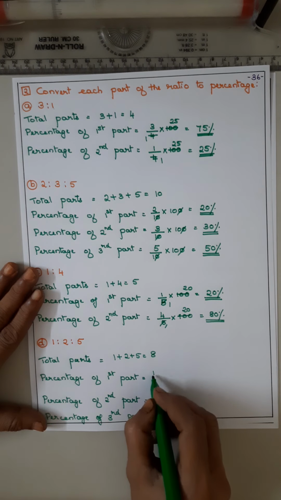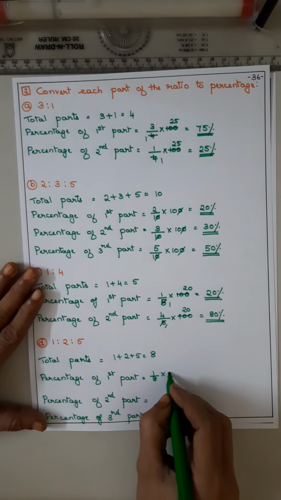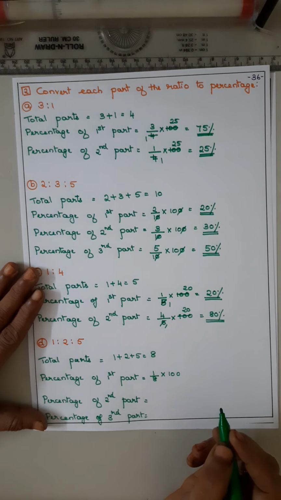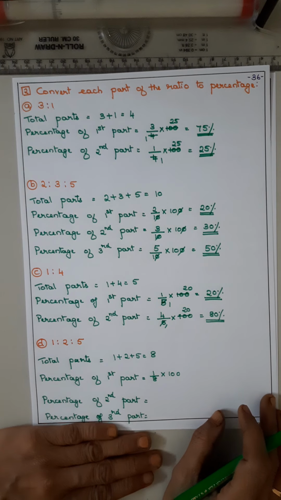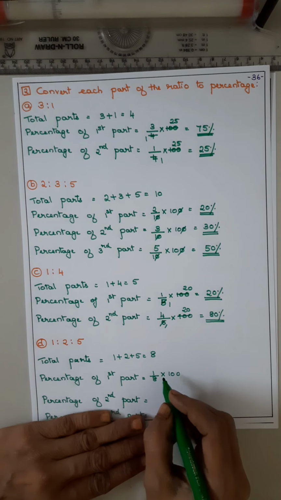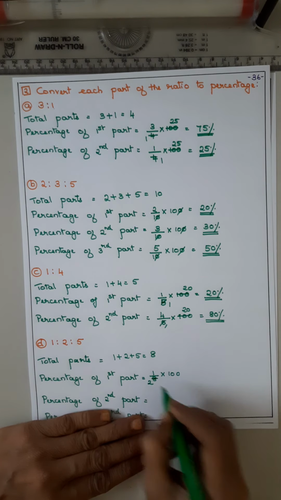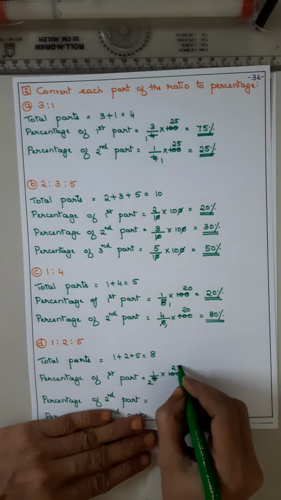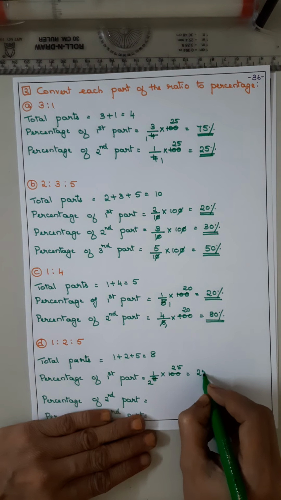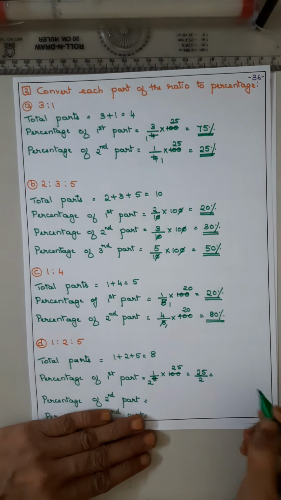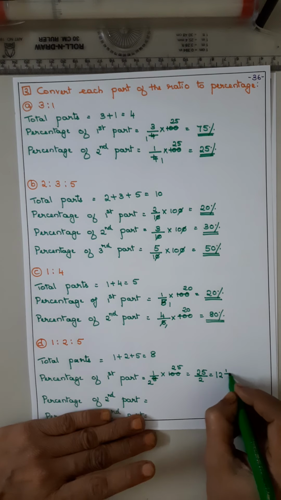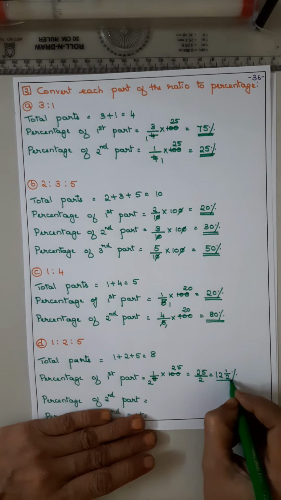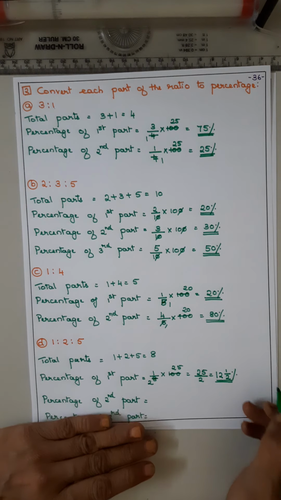First part, it will be 1 by 8 into 100. Now 8 and 100 directly you can't cancel it. So it will be 4 2s and 4 25s. Now you got 25 by 2, that is 2 1s, 2 2s, 1 remains. You got 12.5%.